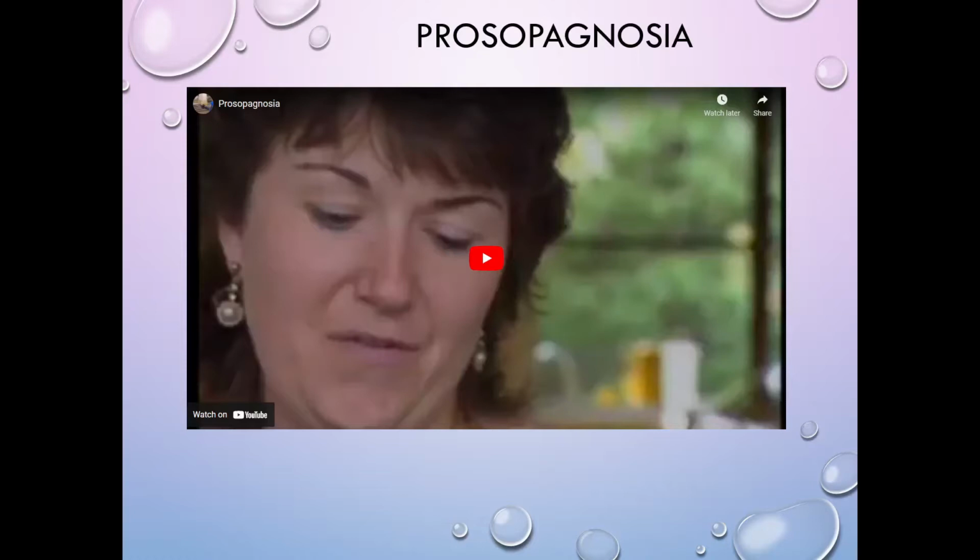A good example of a failure of analysis by synthesis is something called prosopagnosia. This is often called face blindness. Some people are born like this. Some people develop prosopagnosia after brain injuries.